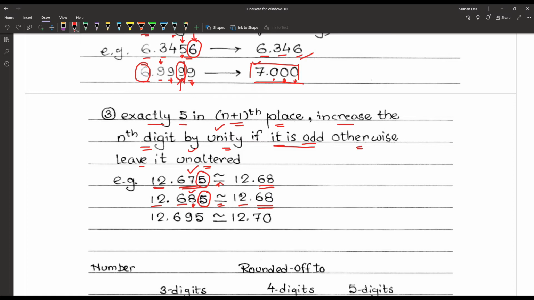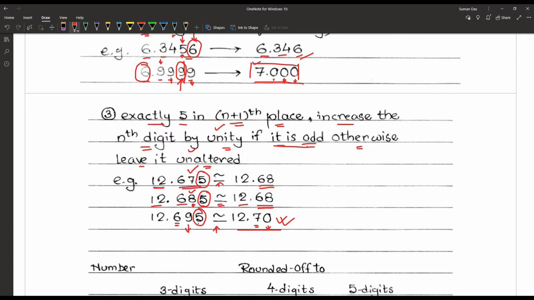Now here third place exactly 5, in the second place that is 9, that means that is odd, so it must be increased by 1. When we add 1, it becomes 10, that is 0, carry 1, and adding with 6 gives us 7. So that is nearly equal to 12.70.